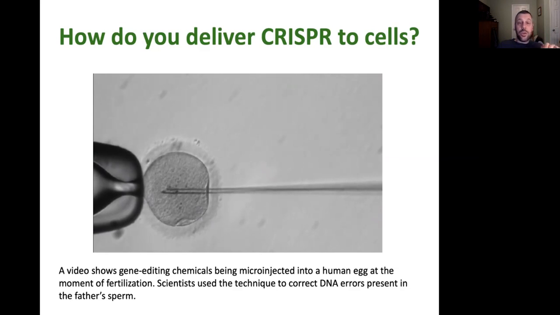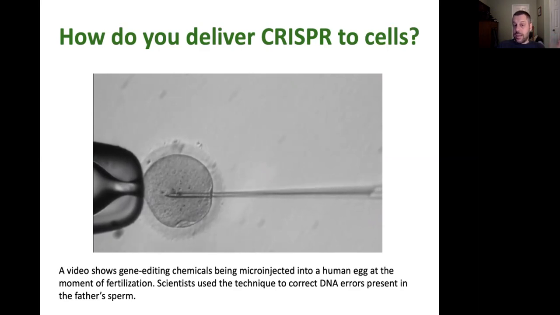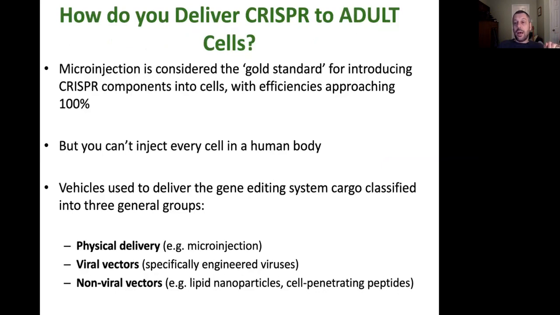And so this is how you can deliver CRISPR to a single cell in order to edit the DNA in that cell. Fantastic. But that doesn't help you if you're an adult. You have trillions of cells. So microinjection is considered to be the gold standard for introducing CRISPR into cells because you're just injecting it into a cell. It's as simple as it gets.